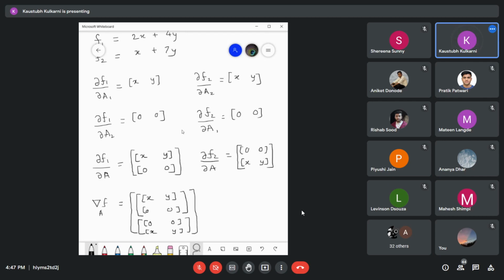So what do you mean by a tensor? I'll go to that. Any questions in this working, in this answer that we just found?